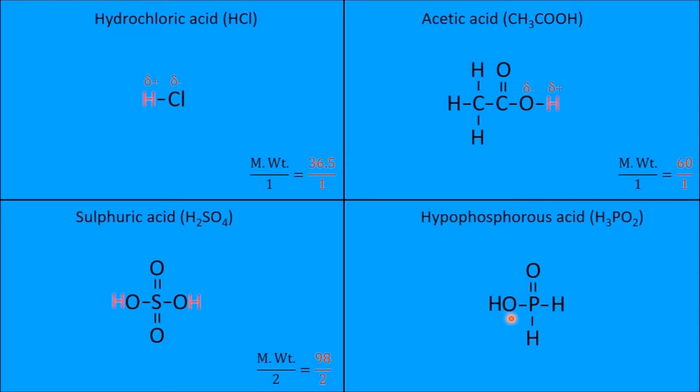See the bonds here, 3 hydrogens, P-H, these are non-polar bonds. These are closely electronegative, so these are not removable. O is highly electronegative, so this is replaceable. So even though 3 hydrogen atoms are there, only one is replaceable. So what is the basicity here? One only.